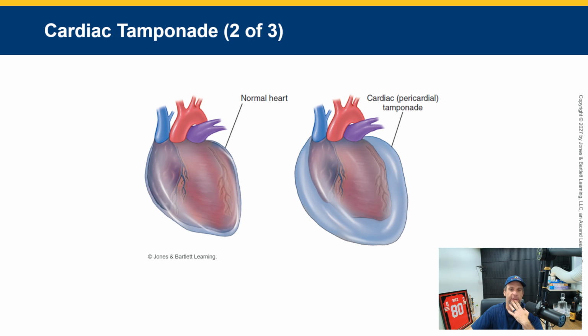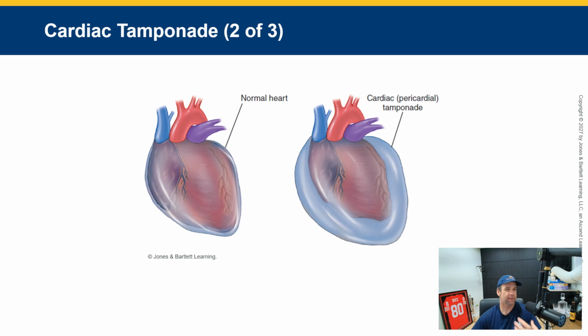Now, the speed with which that accumulation occurs is actually very important. The pericardium has little opportunity to stretch during an acute traumatic bleed, so even a relatively small amount of rapidly accumulating blood can cause severe compression of the chambers.